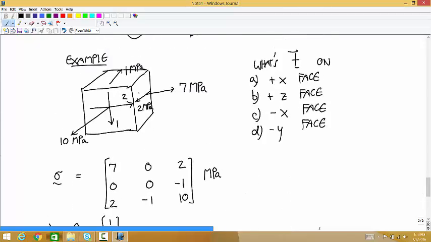Does that correspond to the traction that we drew in the stress tensor on the positive x face? Yeah. That'd be embarrassing if it didn't.